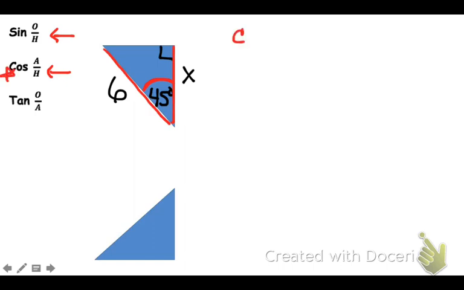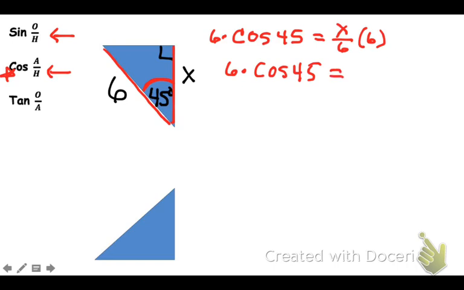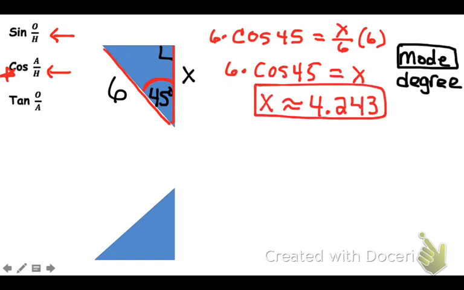So we're going to have cosine 45 equals x over 6. I'm going to multiply both sides by 6. So 6 times cosine 45 will be equal to x. So you're going to go to your calculator, type in cosine 45 times 6. All right, so remember on your calculator that your mode had to be set to degree to get this answer.